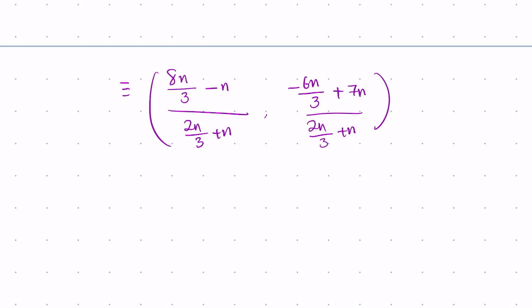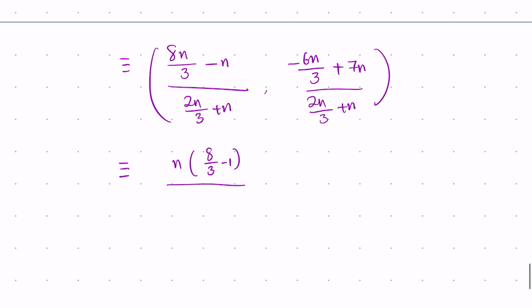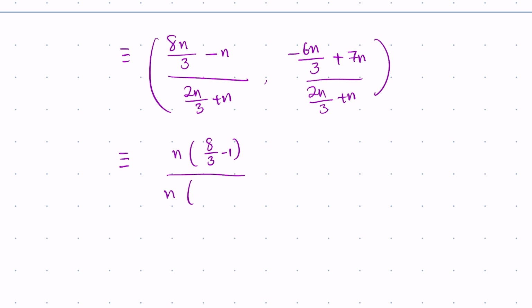We can write this as n times (8 by 3 minus 1) divided by n times (2 by 3 plus 1). Similarly here, we can simplify this: minus 6 by 3 is nothing but minus 2, plus 7. And in the denominator we have n times (2 by 3 plus 1).